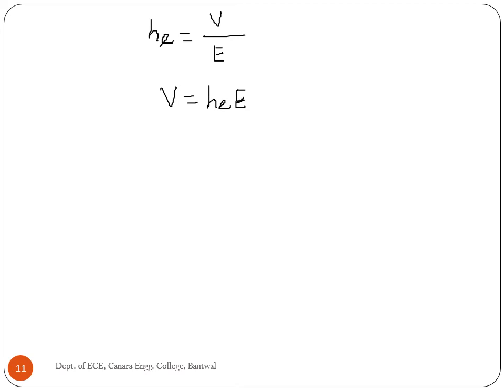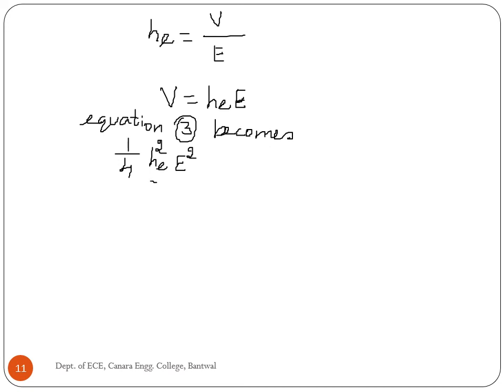Substitute the induced voltage in equation 3, then equation 3 becomes one by 4 HE square E square divided by RR, which is equal to E square divided by Z naught into AE.